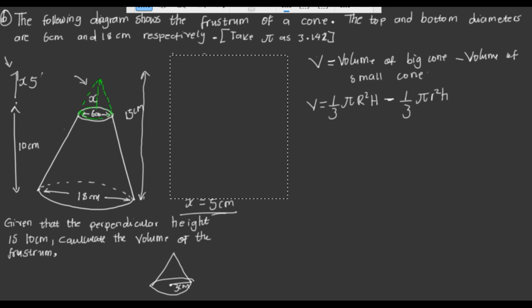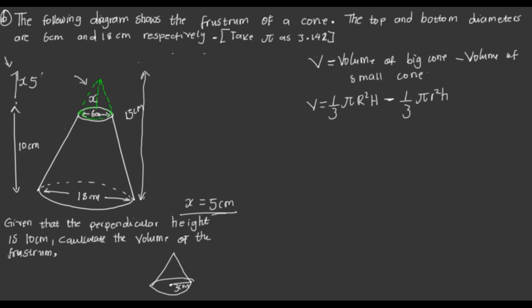radius, we can also use the diameter in order to find the missing height. So we can say height of the small cone divided by height of the big cone, but instead of finding the radius, we just use the diameter the way they are. So diameter of the small cone divided by diameter of the big cone.